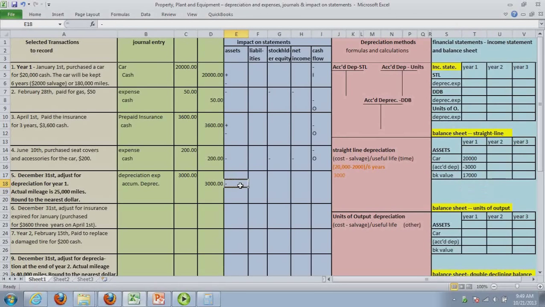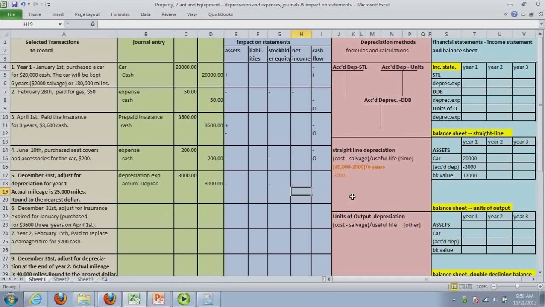Using up an asset reduces assets through accumulated depreciation. Our depreciation expense reduces retained earnings. We have a reduction to profit because of the expense, and we don't see any impact on cash. Most of your adjusting entries, except the bank reconciliation entries, will not affect cash.